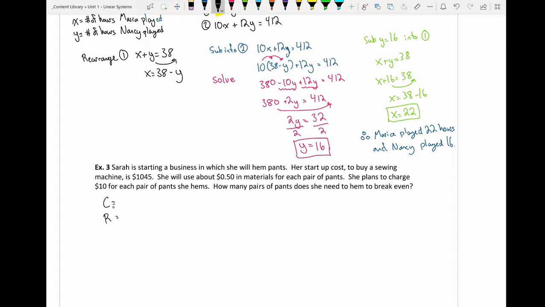So the cost is going to equal 50 cents per pair of pants, where x equals the number of pants, plus the $1,045. The revenue, or the amount of money she's going to make, is going to be 10 times x.